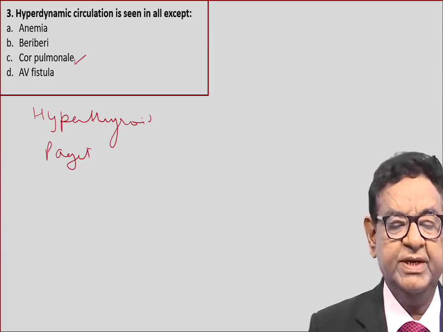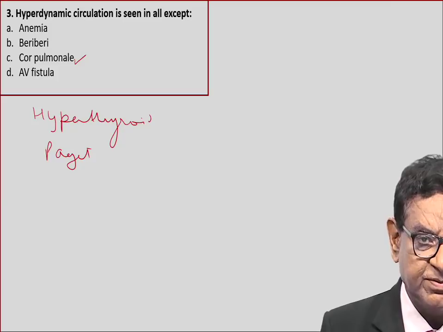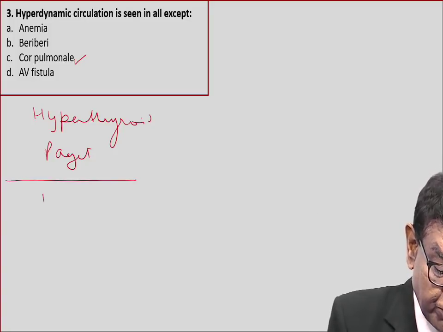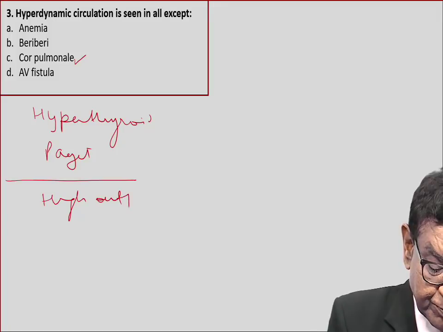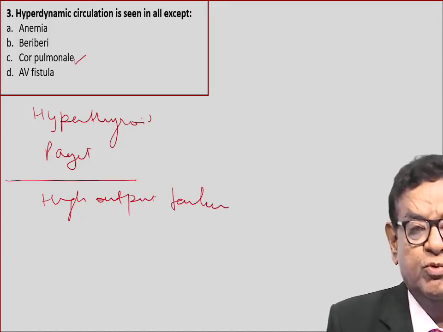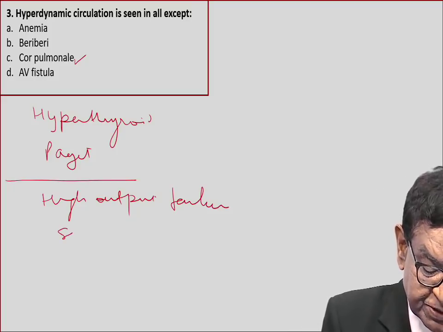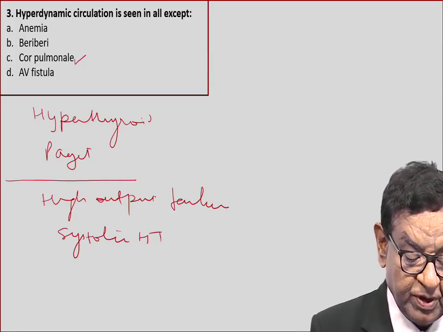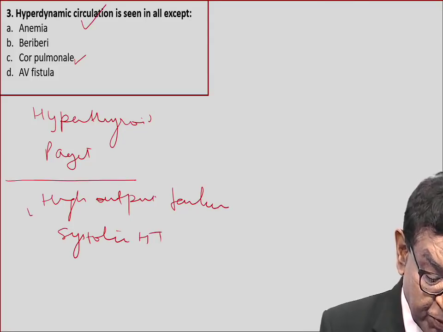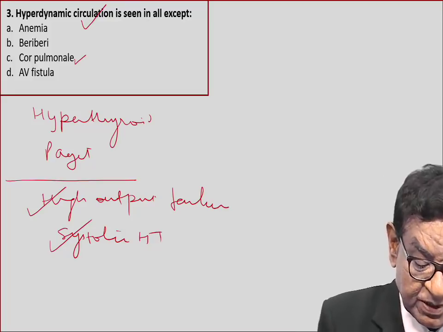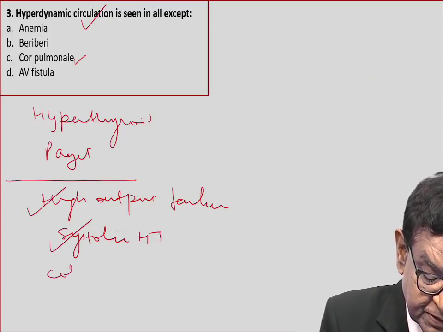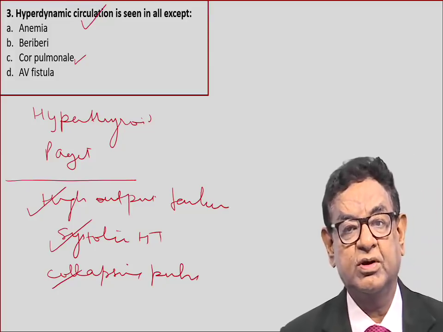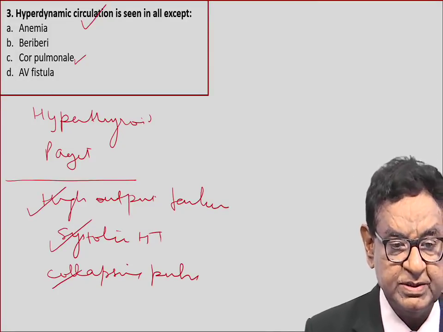And one more thing, if the question is asked to you where we have all these conditions with hyperdynamic circulation, most of them are also causes of high output failure, and in most of these they have systolic hypertension. So if the question comes to you for hyperdynamic circulation, high output failure, systolic hypertension, or collapsing pulse, the answer is almost the same. From here only you choose.